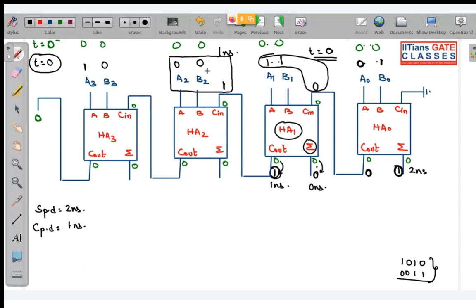So look over here, when you were adding 0 plus 0, carry was also 0, sum was 0. When you add 0 plus 0 plus 1, sum will be 1. As you have applied the input at 1 nanosecond, this sum will be getting stabilized at, sorry, 1 plus 2, that is 3 nanosecond.